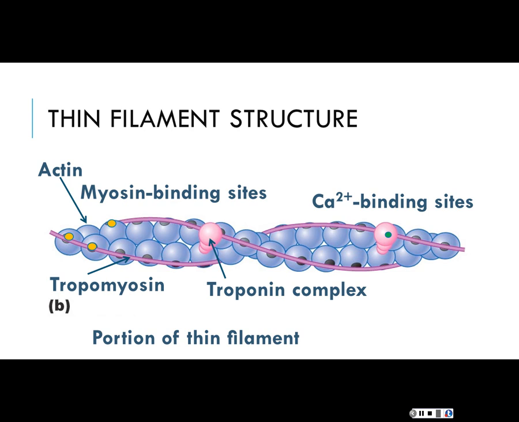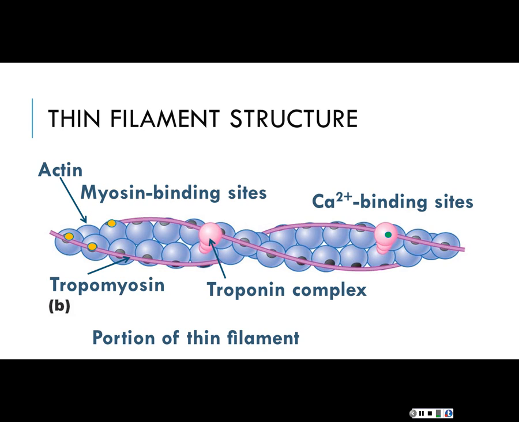So again, the three proteins of our thin filament include actin, with its myosin binding sites, tropomyosin with its inhibitory role, and troponin, which has more of a regulatory role when calcium is present. And you know where it's coming from: the sarcoplasmic reticulum.